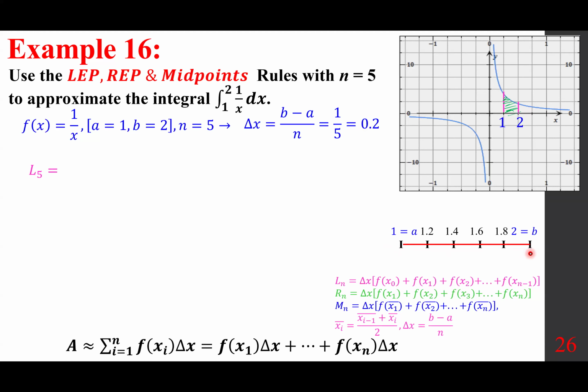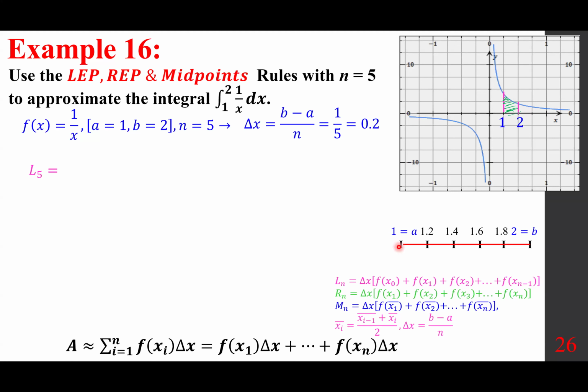Now, for the left endpoints, L5, we want to find L5, and that would be following that formula, delta x times f of what? Here's the easy way out.